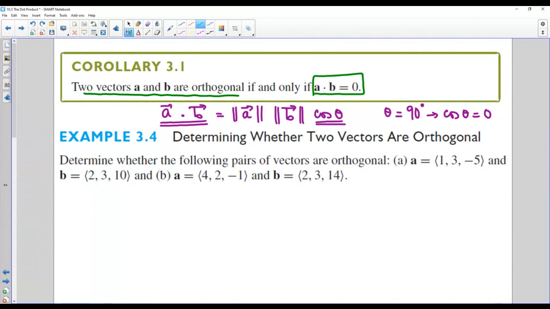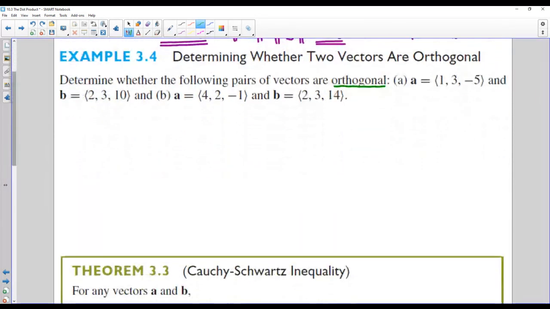So that's the rule for knowing if two vectors are orthogonal or perpendicular. If their dot product is 0, yes, they are orthogonal. If their dot product is not 0, they are not orthogonal.